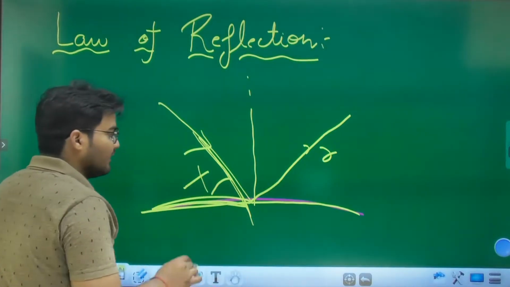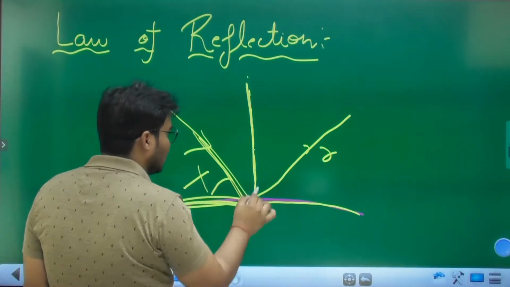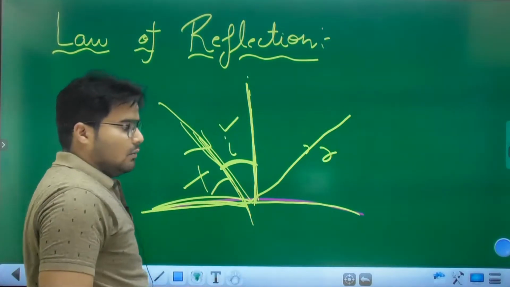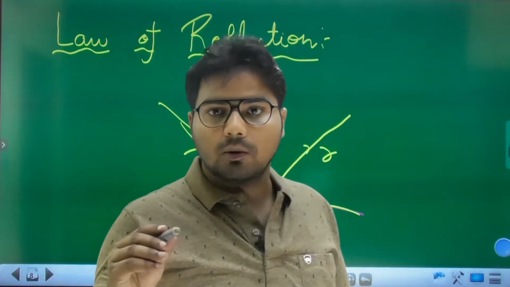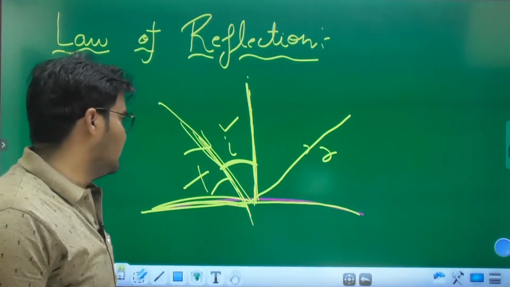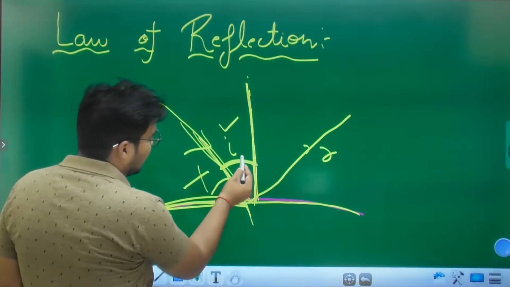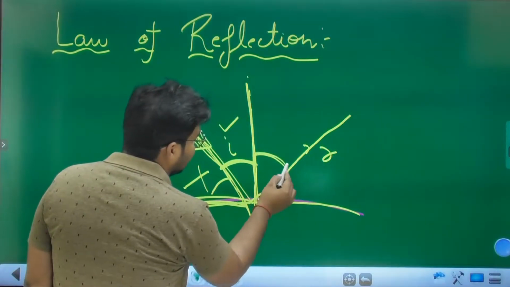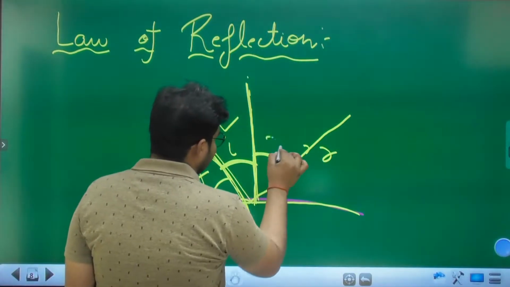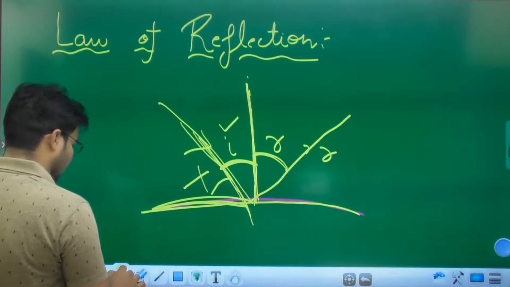The angle of incidence is always between the normal and the incident ray. So this one is the correct one. Most students make this mistake in numerical problems, so we have to be aware of it. Similarly, the angle of reflection is always between the reflected ray and the normal. Clear? Okay.